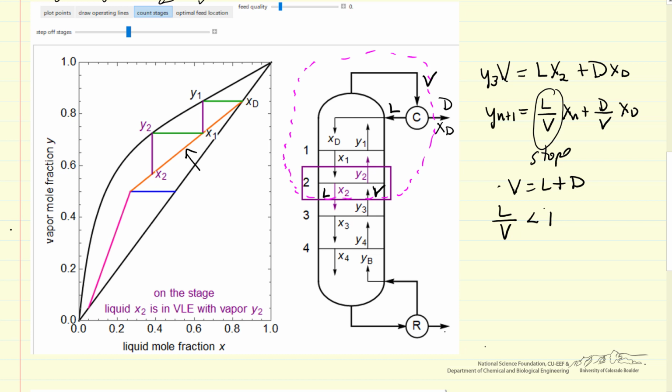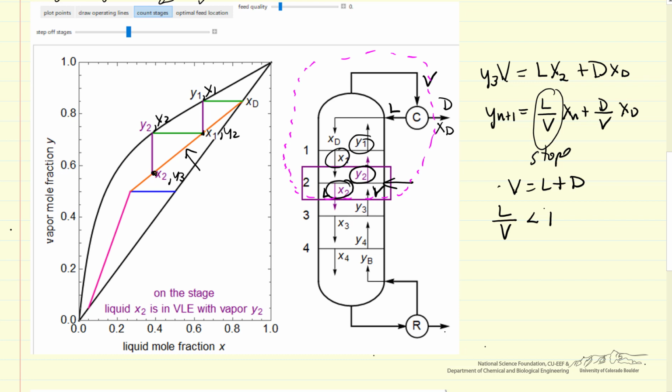And then equilibrium, so x1, y1, x2, y2. Leaving a stage, look at this stage here, y2 is in equilibrium with x2. y1 is in equilibrium with x1. You can see from this mass balance, this point is x1 and y2, this is x2 and y3, and that's why they fall on the mass balance line.